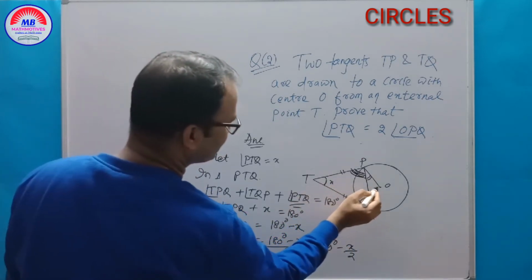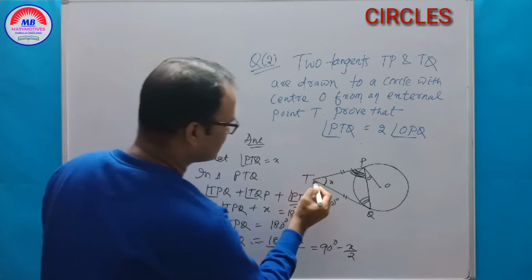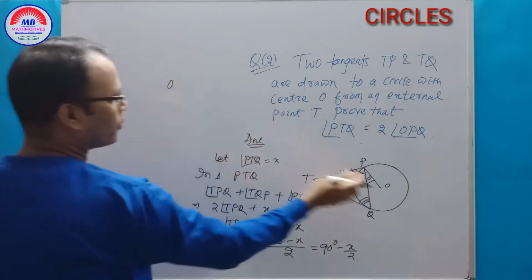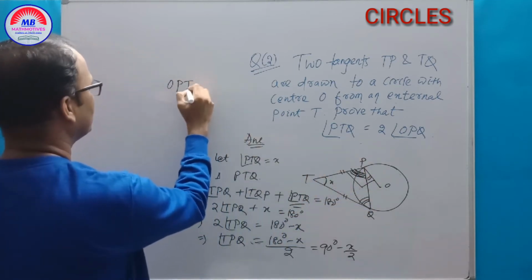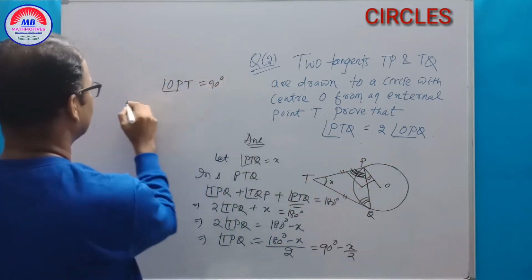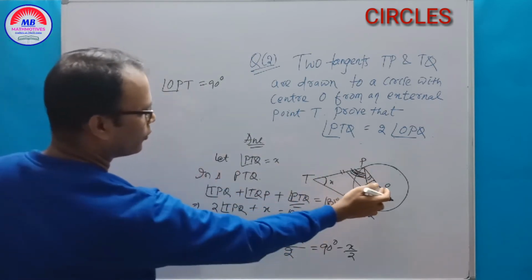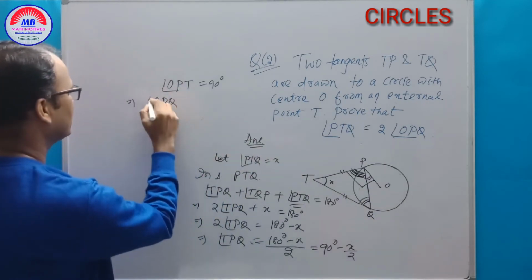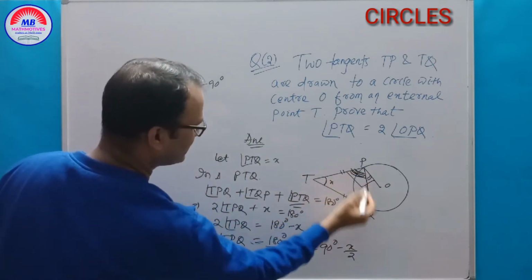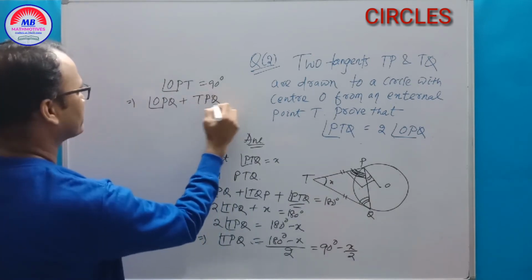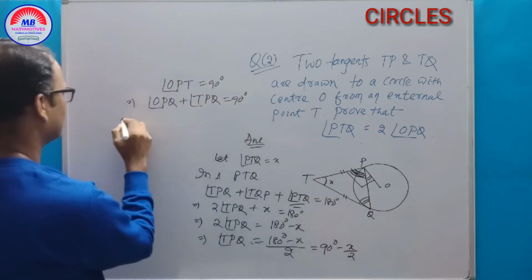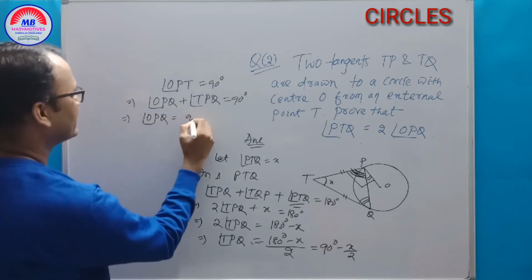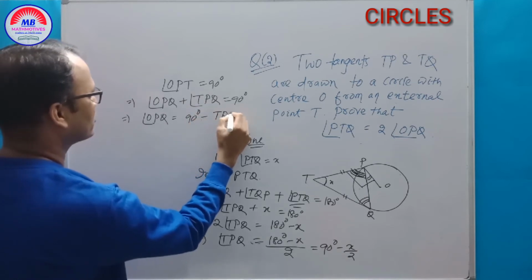You see here, this is the radius, this is the tangent, so this angle is 90 degrees. So you can write angle OPT equal to 90 degrees. OPT is equal to angle OPQ plus TPQ, which is 90 degrees. That implies OPQ is equal to 90 degrees minus TPQ.